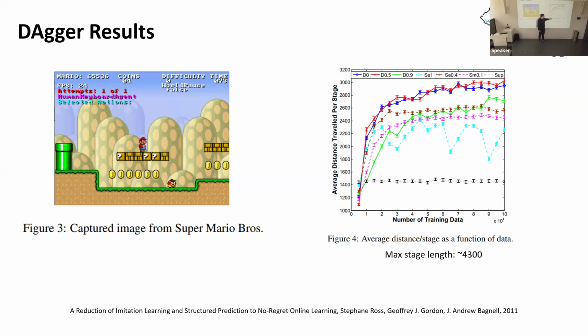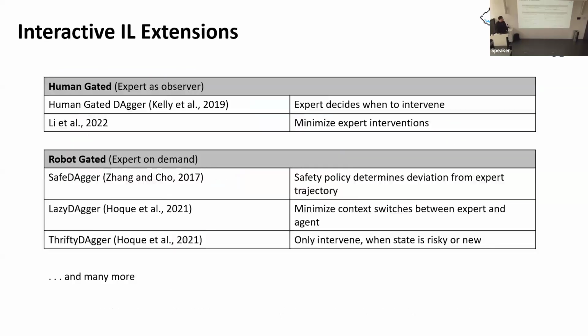Given a certain number of training data, the more training data we get from the expert, the better our DAgger dataset aggregation algorithm compares to the supervised learning algorithm. So we already improved our policy in comparison to the supervised learning task.